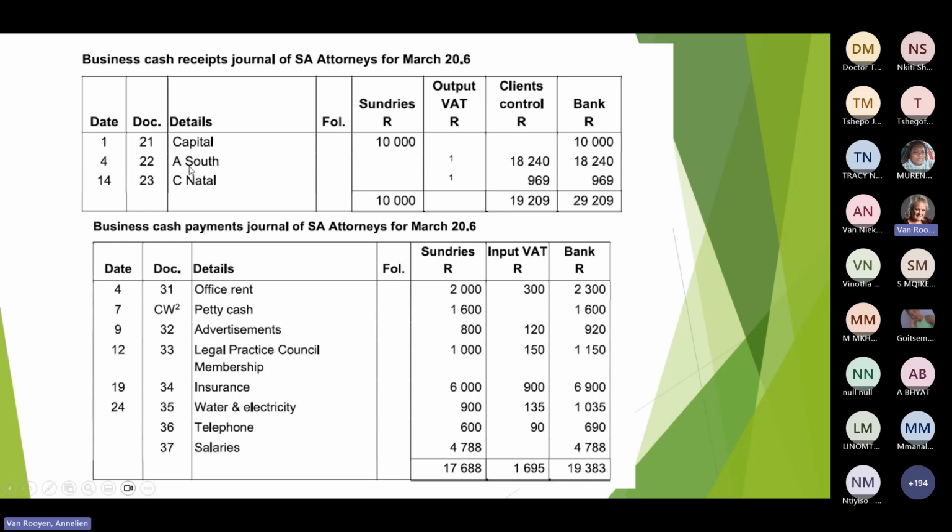If Sie Natal paid his account or settled his account, it's your debtors paying. So you will debit your bank and you will credit debtors control. Remember the VAT, what is applicable on sales.